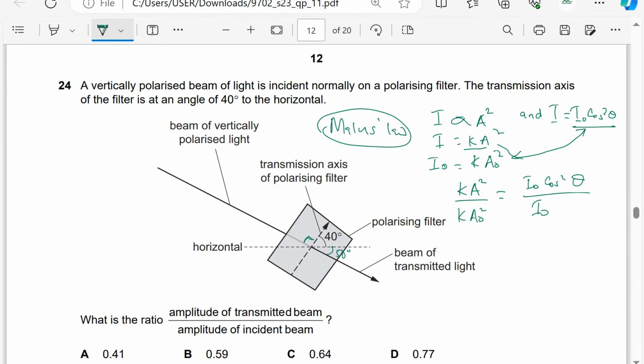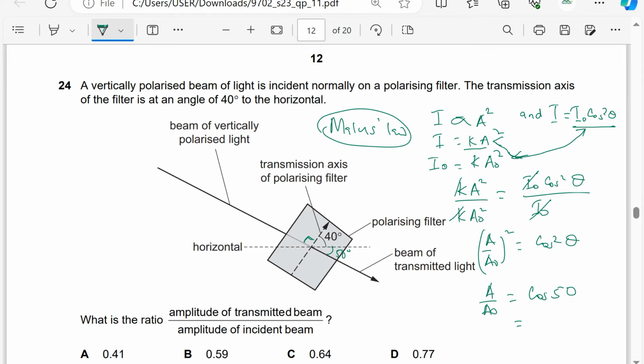So I naught cancels out, K cancels out, and A over A naught squared is simply going to be equal to cos squared theta. So theta is the angle between the transmitted beam and the horizontal.